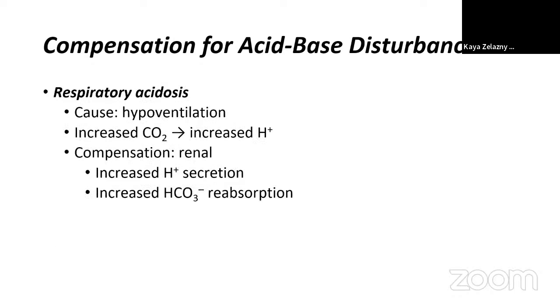So when we're trying to assess what's going on with a pH disturbance, first we're going to check whether we have an acidosis situation, which would mean a pH below 7.35, or an alkalosis, which would be above 7.45. And then we're going to figure out the cause of that.